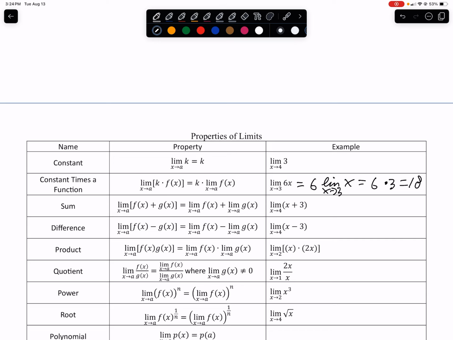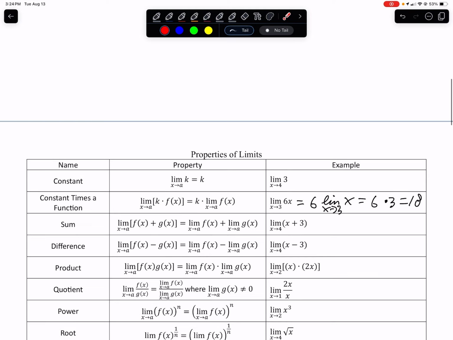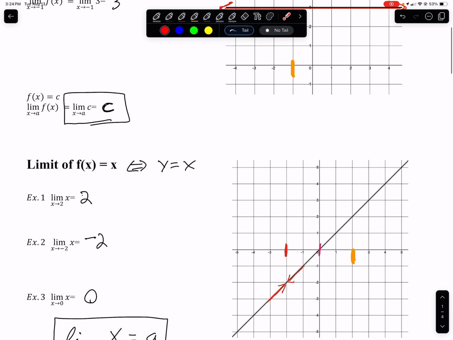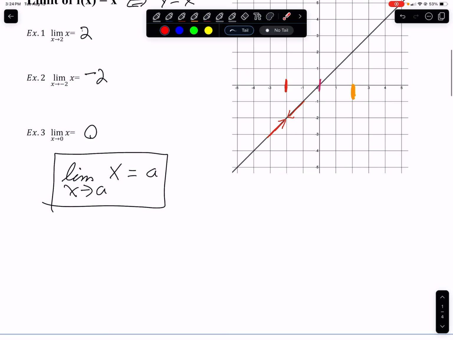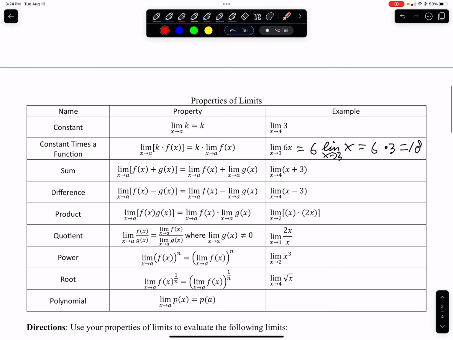All right, so the next property, what if you have two functions being added? How do you find that limit? Again, the only thing you know how to find the limit of is a constant function, the function y equals x or f of x equals x. That's the only ones you know how to do. So what happens when you have adding or subtracting two functions?